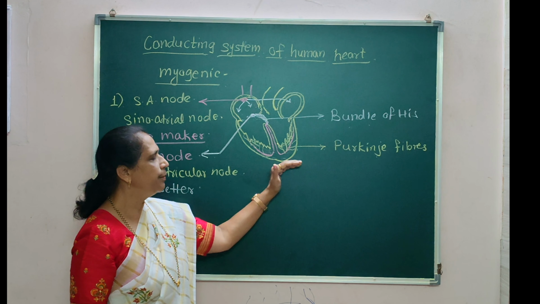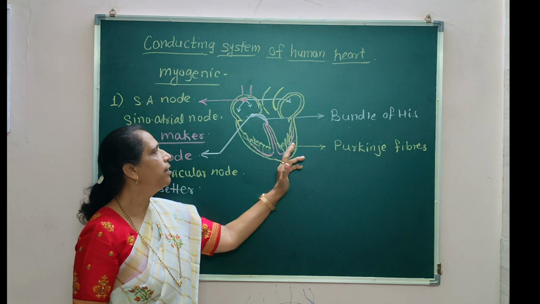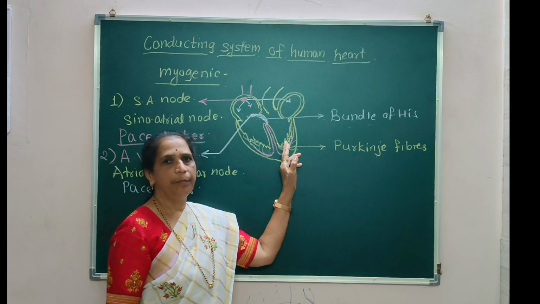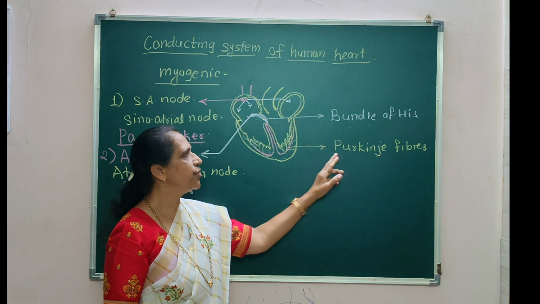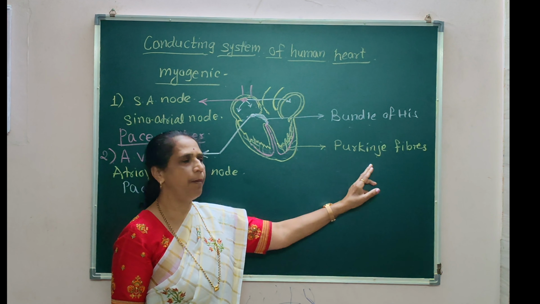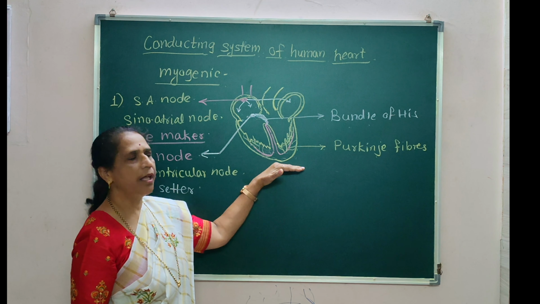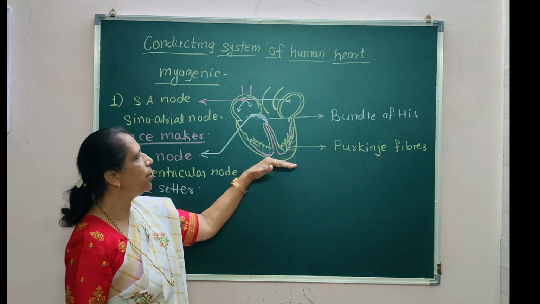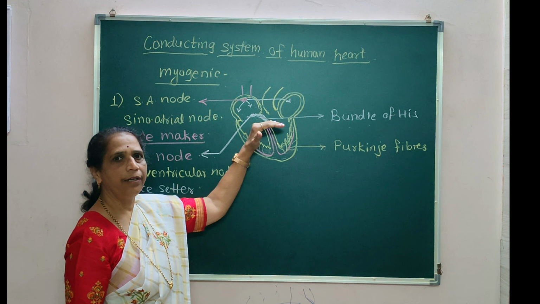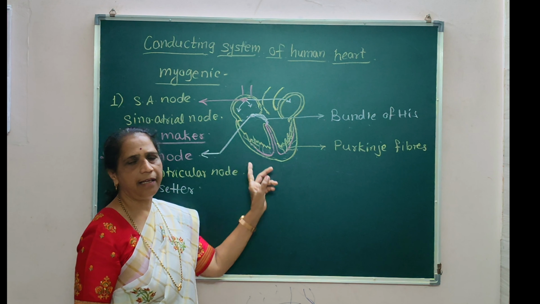When the impulse reaches the ventricular wall, the papillary muscles activate and carry the impulse through the Purkinje fibers, and the ventricular wall then contracts. When this contraction of the ventricular wall completes, one cardiac cycle is complete.